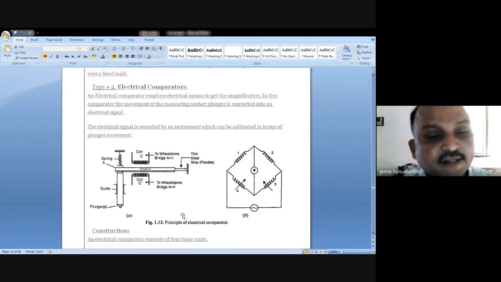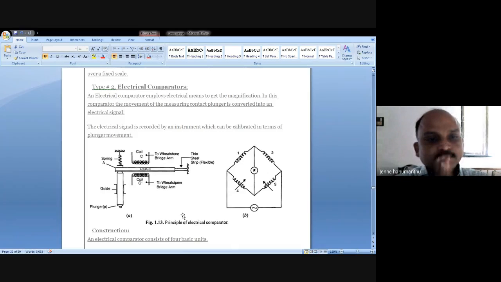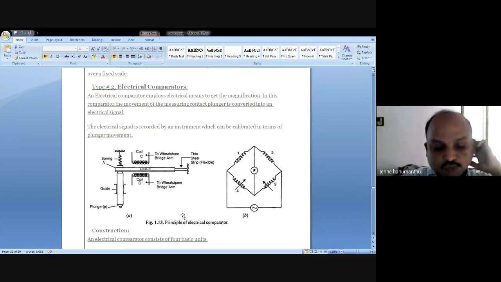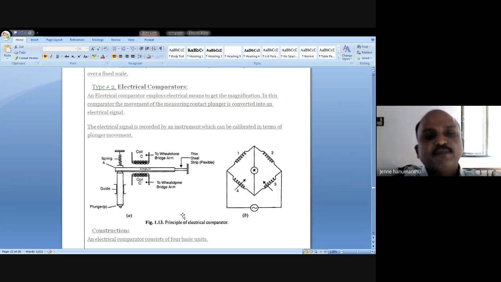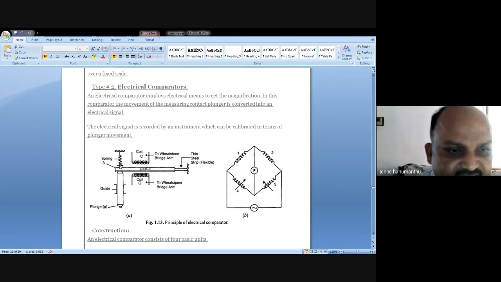Next one, the electrical comparator. This is another technique. It gives output in terms of voltage or current. How does it give output in terms of voltage or current? If there is a variation in the surface, say for example, there is a spring and an armature.